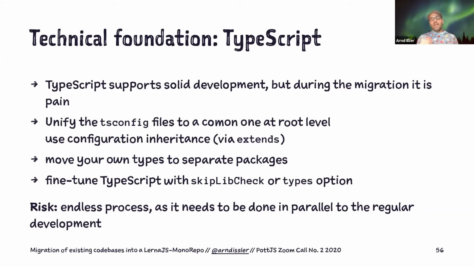So make yourself familiar with how to dig deeper into the TypeScript compiling process, and maybe find other solutions, maybe decouple the type checking from the compiling or transpiling, and all this stuff.